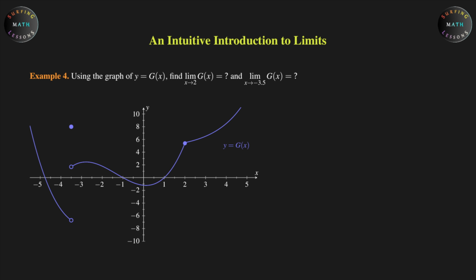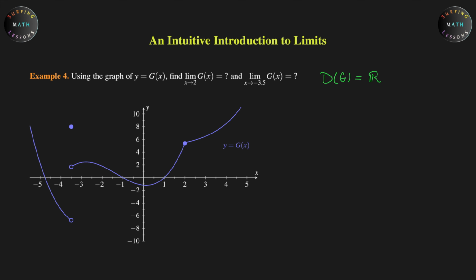Example: use the graph of the function y is equal to g of x to find the limit of g of x as x approaches minus 3.5 and as it approaches 2, respectively. Clearly, the domain of g of x is the entire real line. Now we tackle this problem one part at a time.